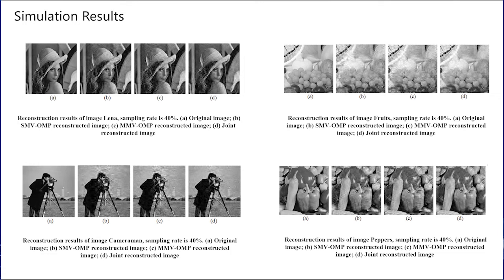Considering the fast calculation and high accuracy of the OMP algorithm in compressed sensing signal reconstruction, the comparison experiments were conducted with the single measurement vector OMP algorithm, the MMV OMP algorithm, and the method in this paper.